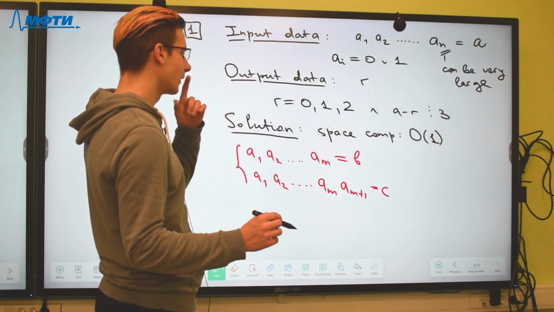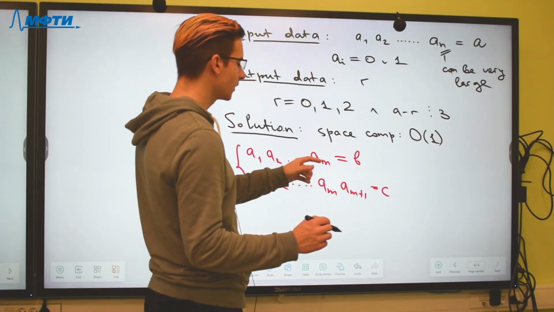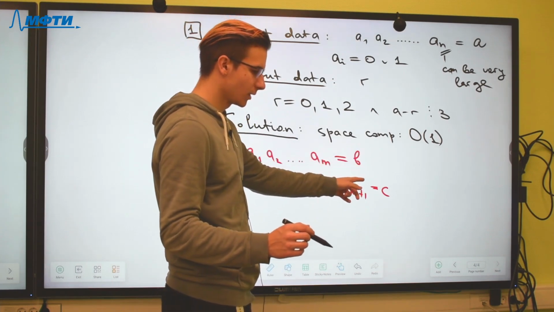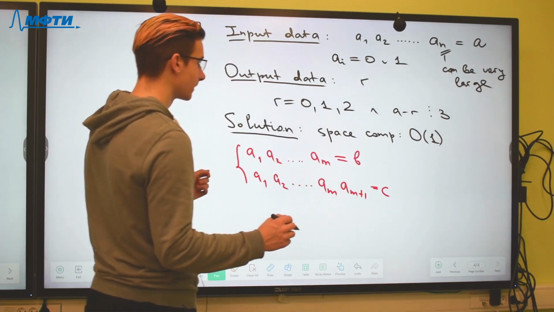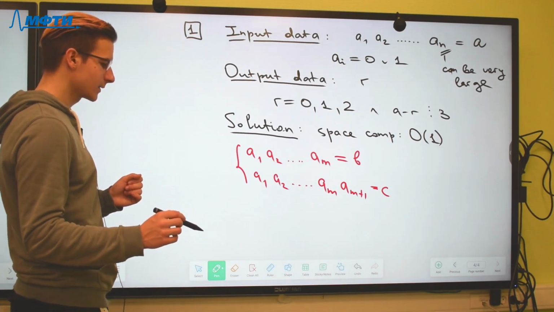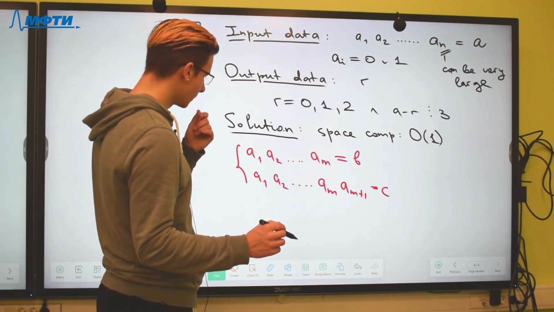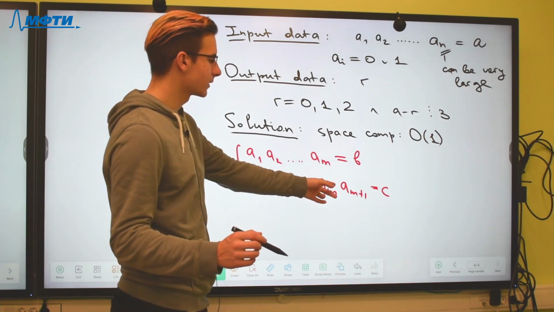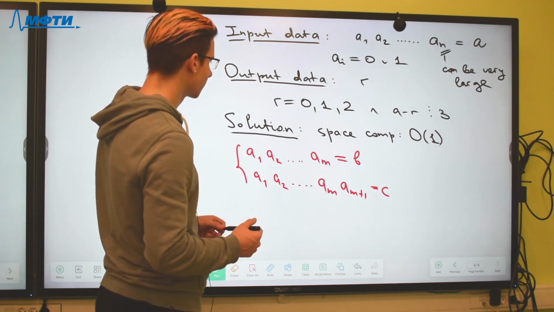And if we know the solution of the task B, can we find the solution of the task C?